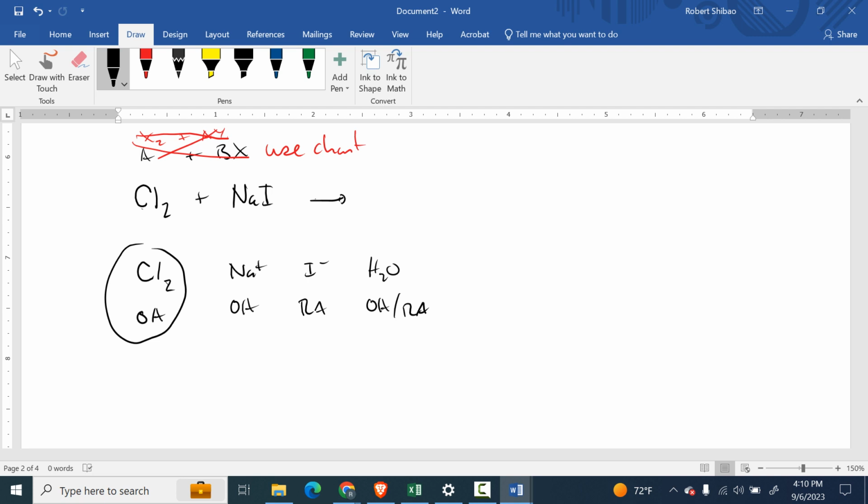Then we have three reducers. Which one is a better reducer? Here we might have to consult the chart. So is it going to be iodide or is it going to be water? Looking at the chart, we go down. The strongest reducers are down and right. So which one's stronger, iodide or water?